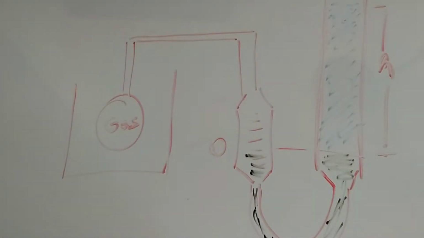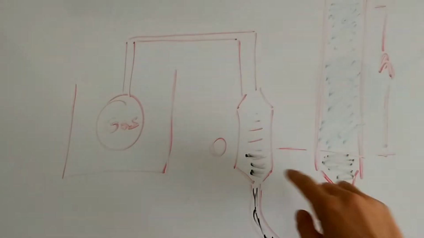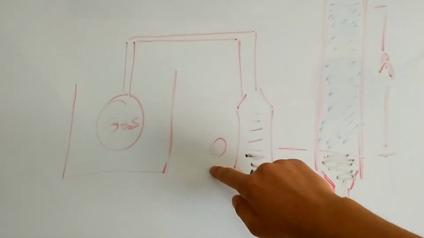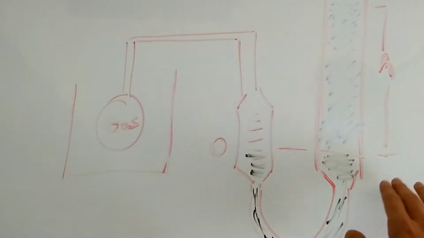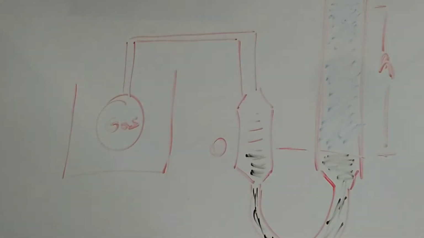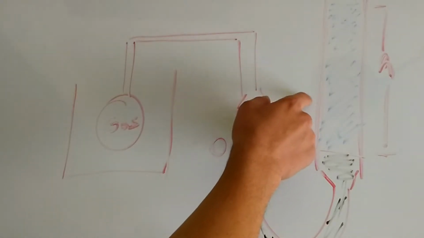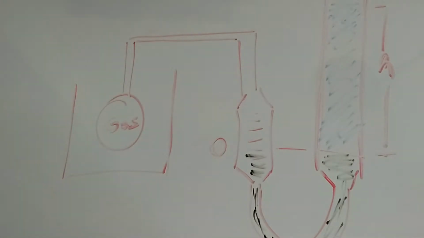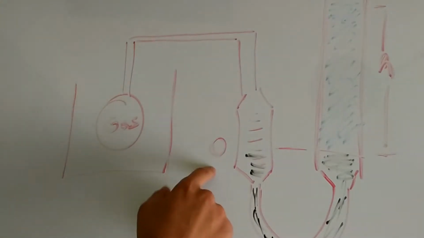So if you put ice water in this container, the gas will have a certain pressure, and we will have to adjust the level of the mercury in order to get a reading of 0. And this is very useful, so we can know the correct pressure, and we will have to either add or subtract mercury from this container in order to get the correct reading.